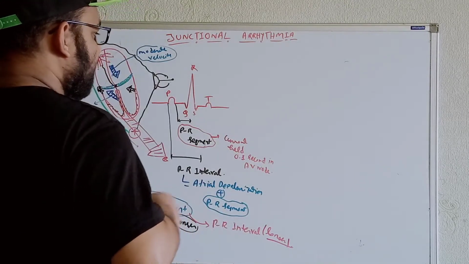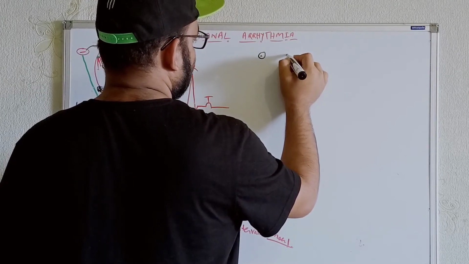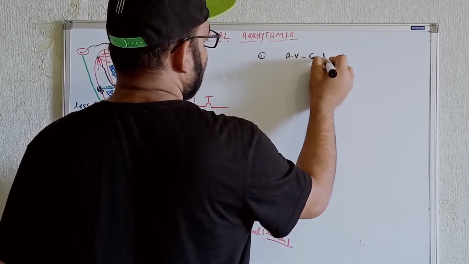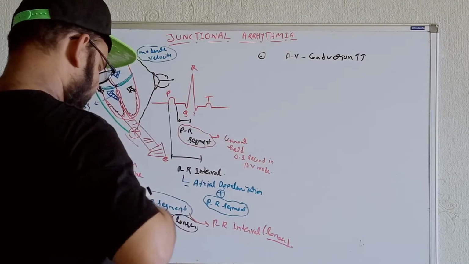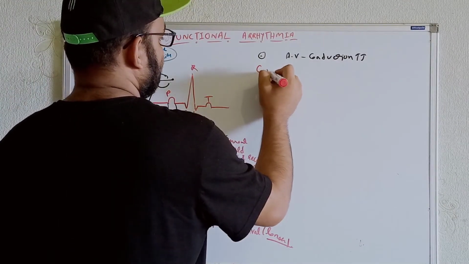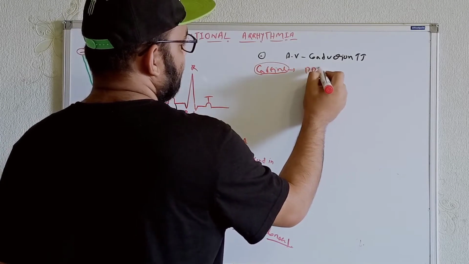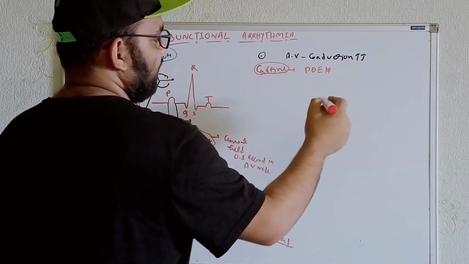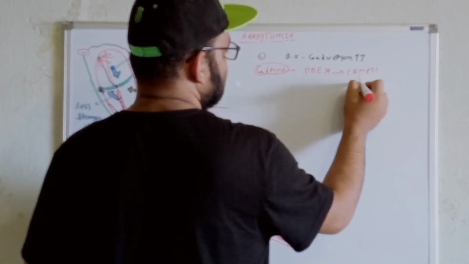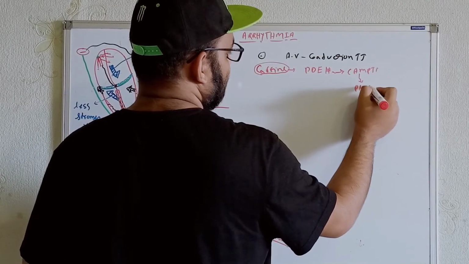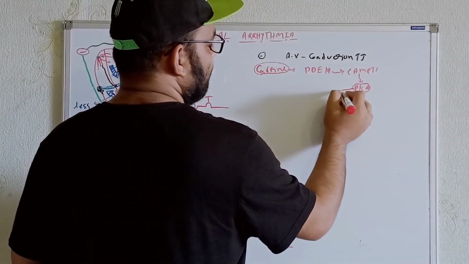Now, if the AV nodal conduction is increased for whatever reasons, for example if someone takes caffeine, we know that caffeine is a phosphodiesterase inhibitor. Whenever it inhibits the phosphodiesterase enzyme, it will increase cyclic AMP, and the increased cyclic AMP will activate protein kinase A. Whenever protein kinase A is activated, it will do the phosphorylation of the calcium channel.